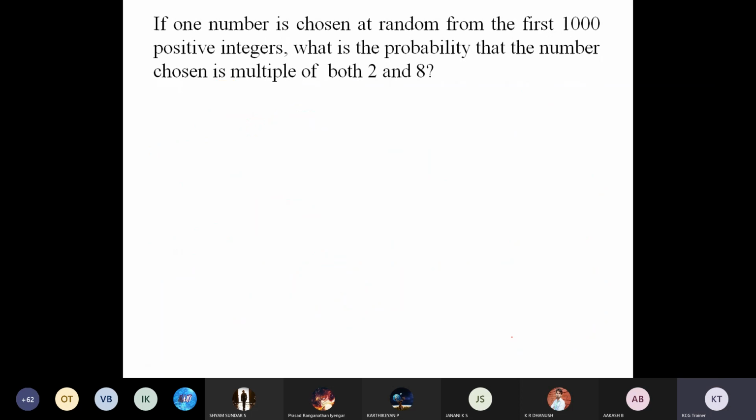If one number is chosen at random from the first 1000 positive integers, what is the probability that the chosen number is a multiple of both 2 and 8? Which is a common multiple of 2 and 8?